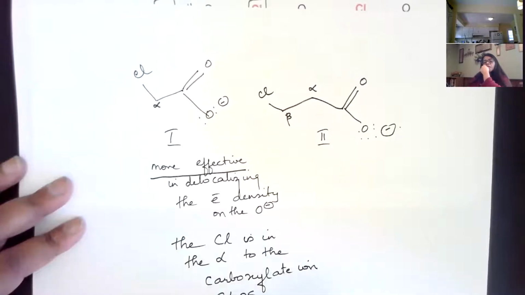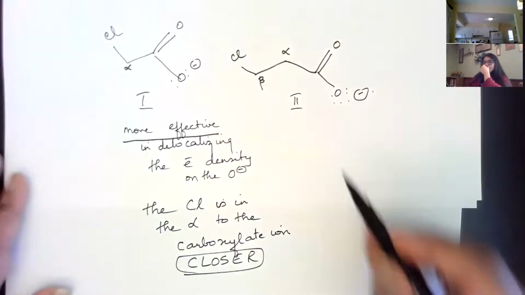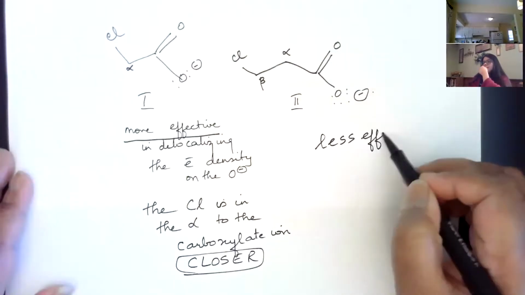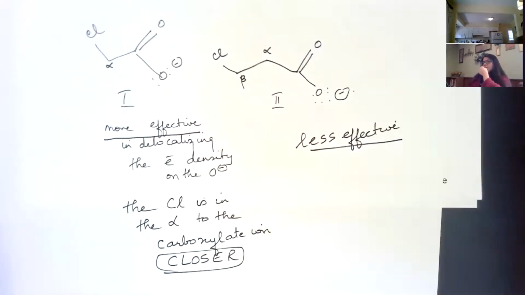So if you're closer, you are more effective in delocalizing. So this is less effective. So inductive effect usually decreases as you go farther from the site of reactivity.